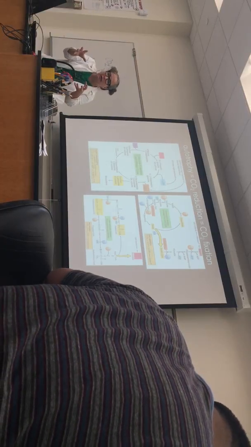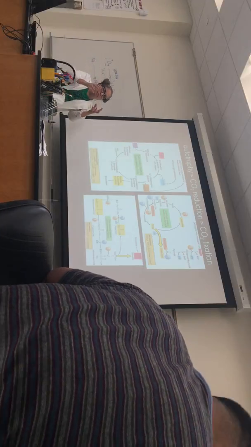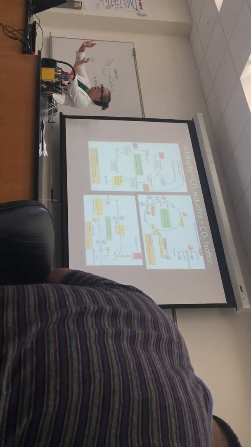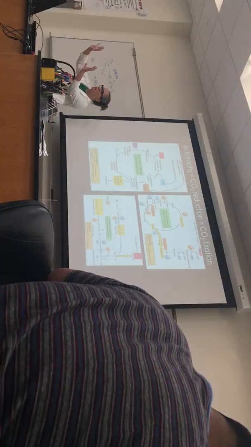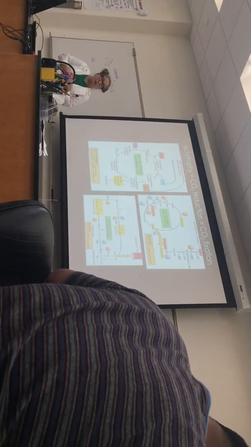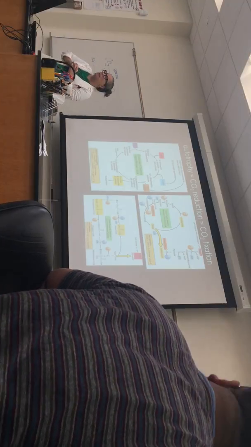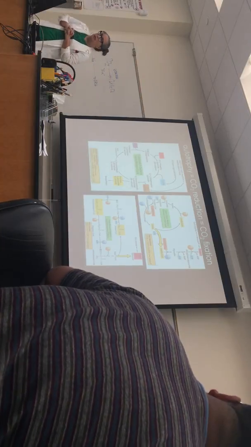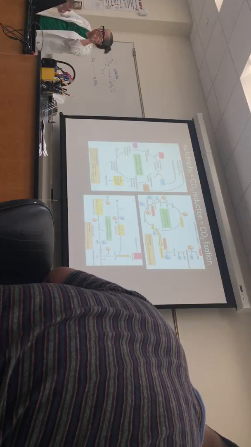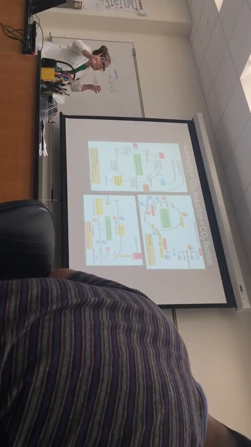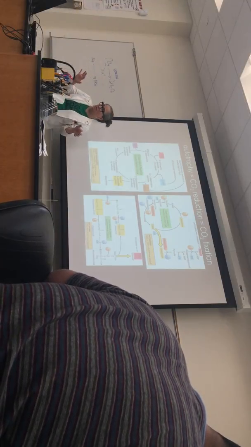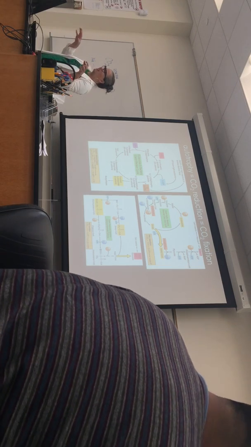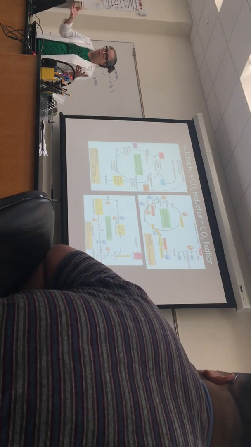You take inorganic carbon in, and you give off or release organic carbon. Now, by far, the very most common way that any organism on the planet takes in CO2 and converts it to a sugar is something called the Calvin-Benson cycle. Oftentimes also called the Calvin cycle.